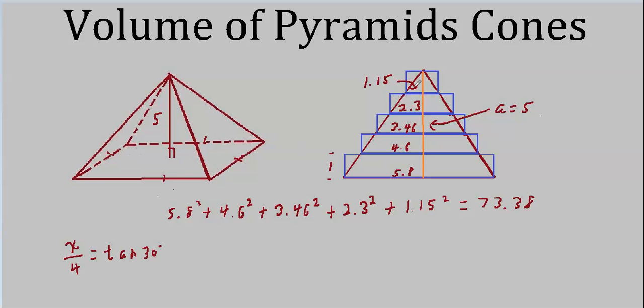So the tangent of 30 degrees would be opposite, that's x, which we haven't found yet, over 4. Well, that implies that x equals 4 times, and tangent of 30 is 1 over the square root of 3.